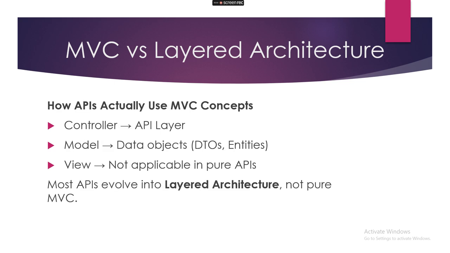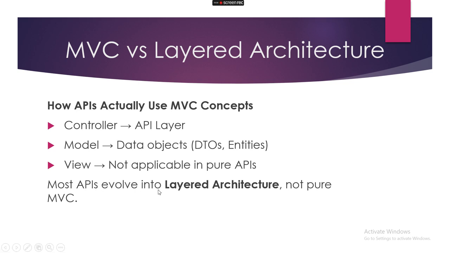How does an API actually use the MVC concept? As you can see, we have the controller. The controller in the MVC model is going to tie in as the API layer in the layered architecture for APIs, right? And the model is going to tie to the data objects, the DTOs, and the entities. We're going to see this later in the series, and the view, which is not applicable here.